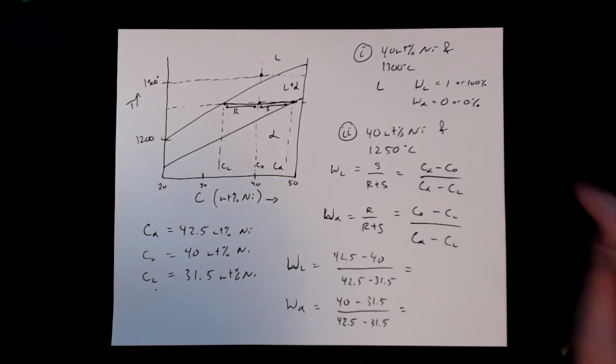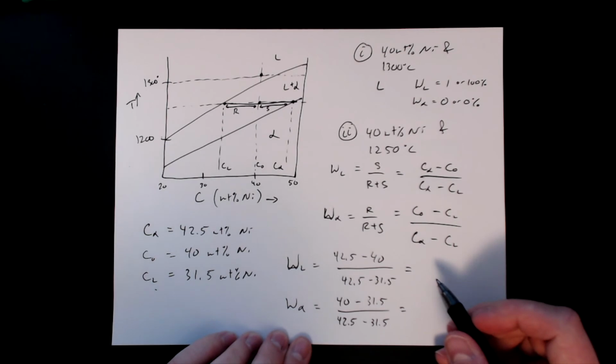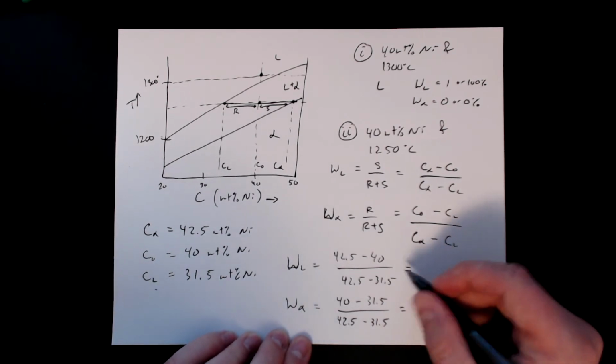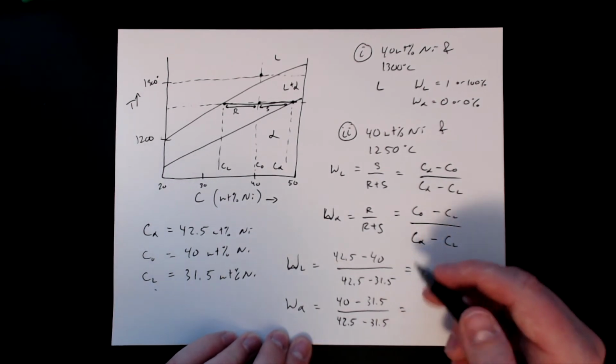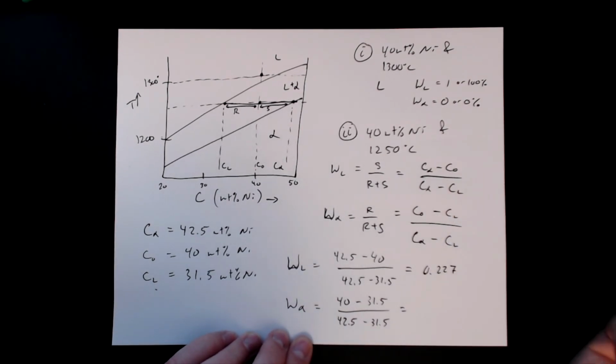All right, apologies for that. I had to make sure I had the right numbers calculated there. So let's go ahead and look at CL. So if we calculate this here, so punch it into the calculator, what we get is 0.227.